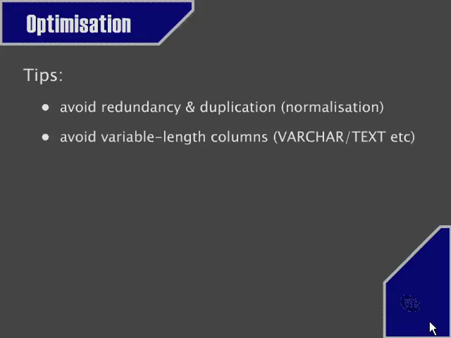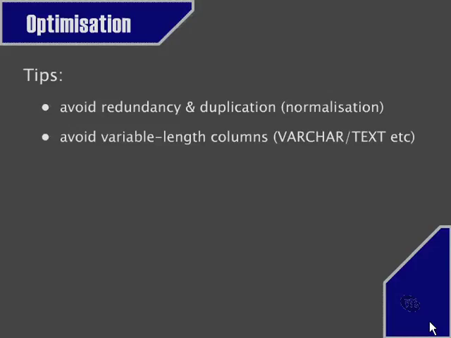You should also, wherever possible, avoid variable length columns such as varchar and text. This is one of the occasions on which storage space as a consideration should give way to the speed of access. If you include any variable length columns within a table, the way that it has to be accessed is a lot slower than if the columns are all fixed width.